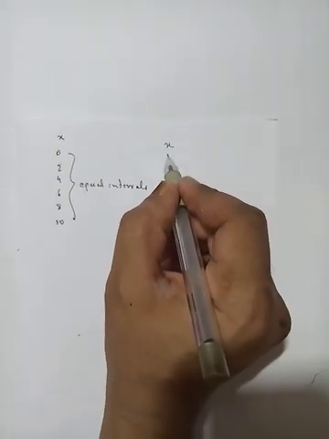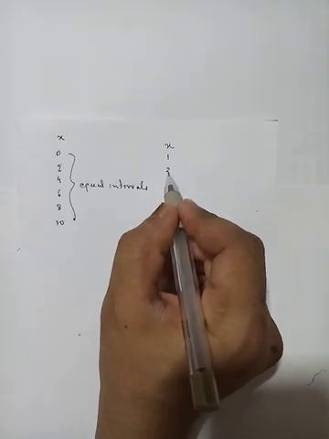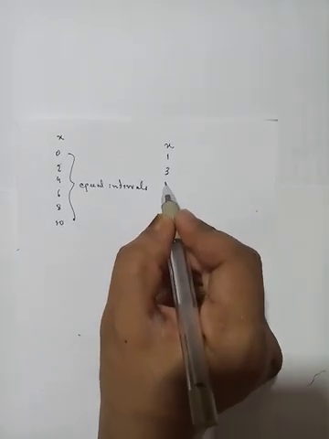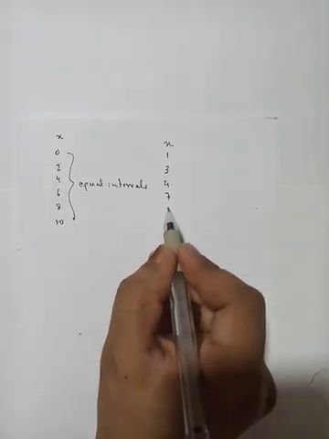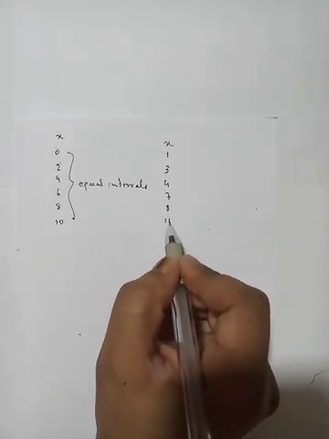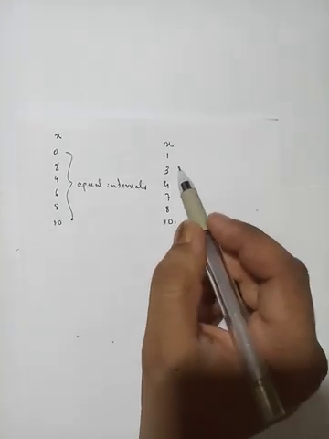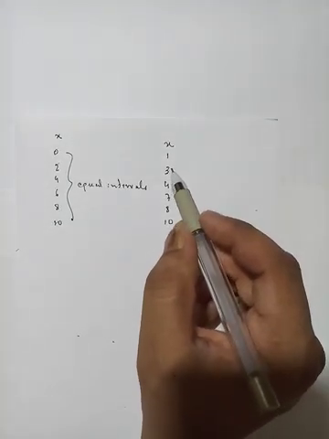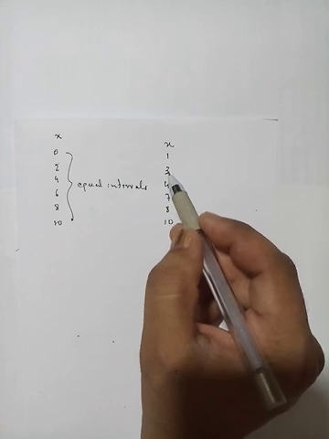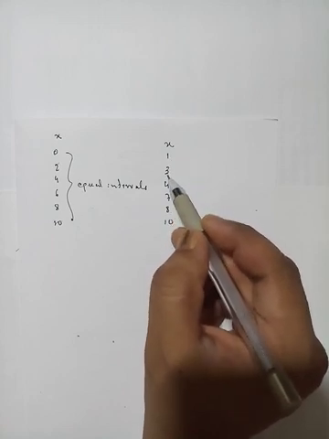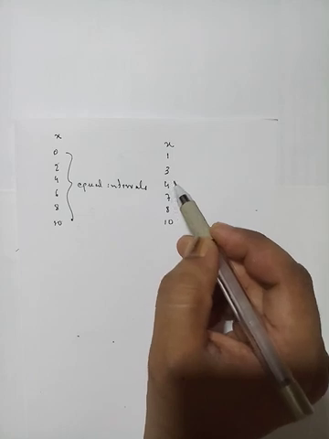And the other type, for example, is when the values of x are unequally distributed, for example 1, 3, then 4, 7, 8, 10, likewise. Here the differences between the values of x are unequal, not the same. Here the difference is 2, and between 3 and 4 the difference is 1.